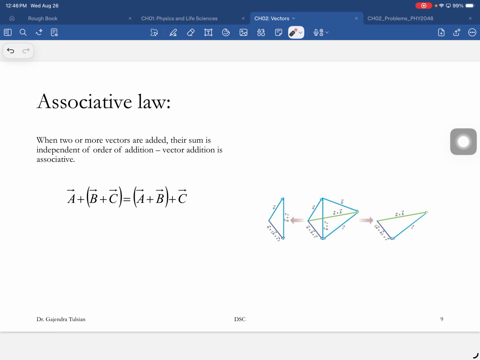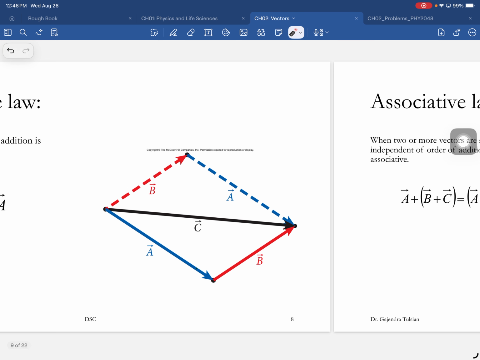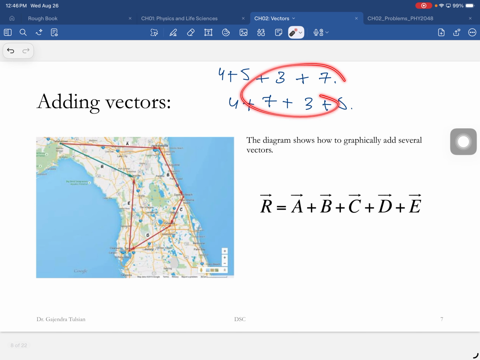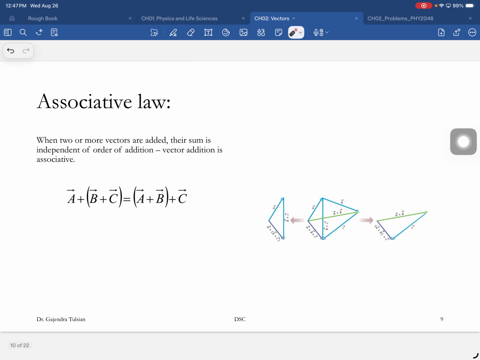You're adding a bunch of vectors. It doesn't matter what order you add them. That was this thing that I just showed you. So this is known as the associative law, and it's true for vector addition. This diagram shows you that.